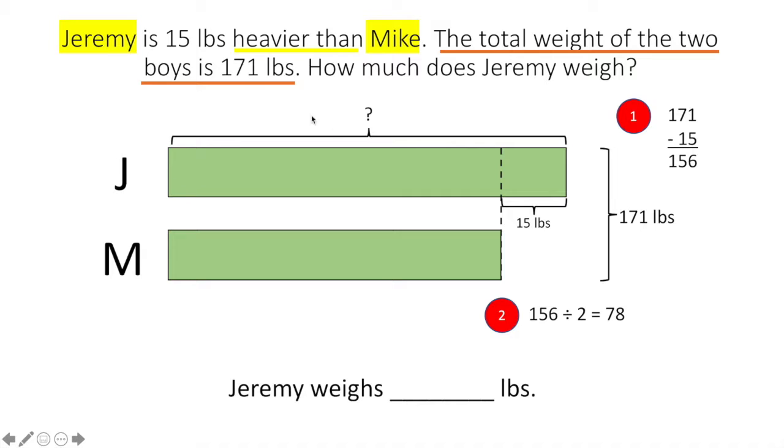But I want to find all of Jeremy's weight. So that means that I have to add 15 pounds to 78 because I want to know all of Jeremy's weight. So my next step will be to add 78 and 15, which equals 93. So Jeremy weighs 93 pounds. And finally, I'll put that into my sentence and make sure that that seems reasonable.